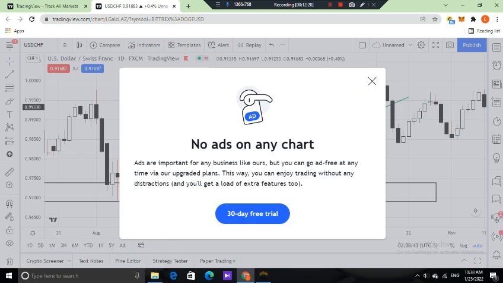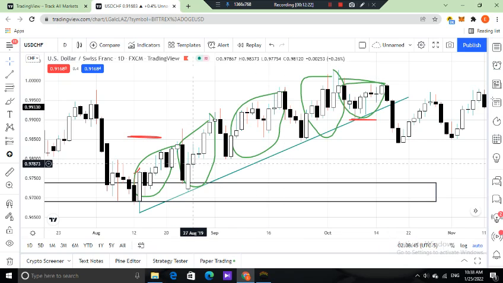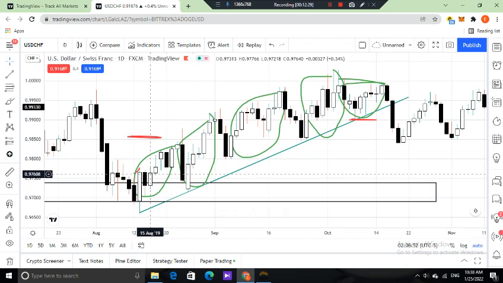But that's okay, because that's your entry point here. Your entry point is here.